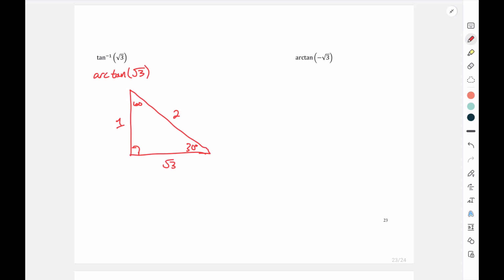And since we want a square root 3, and we know that tangent of theta is opposite over adjacent, or y over x, if we're using the 60 degrees and do opposite over adjacent, we will get square root 3 over 1, and we will find out that our answer is, in this case, 60 degrees.